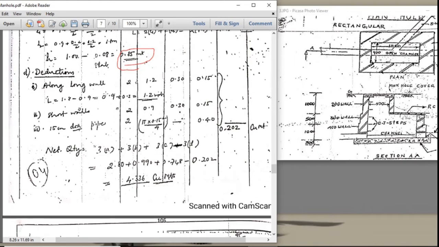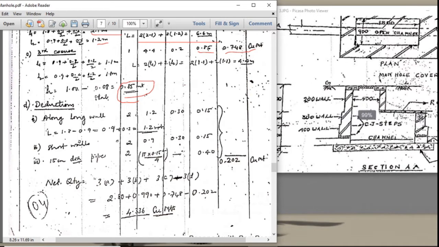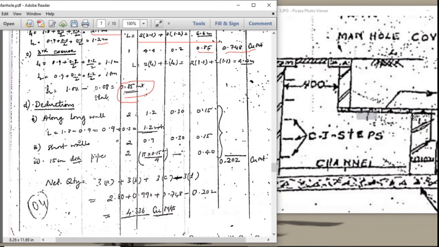Along the long wall, we have two long walls. 1.2 length is here, this is the length from here to here. It is 1.2. Then this slab is same as we did in the previous problem.